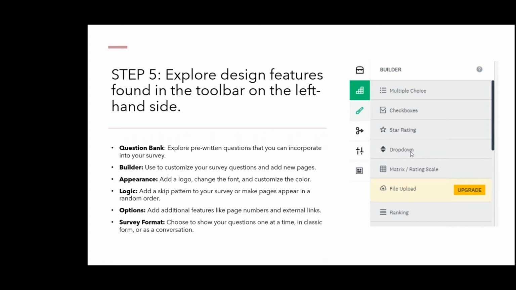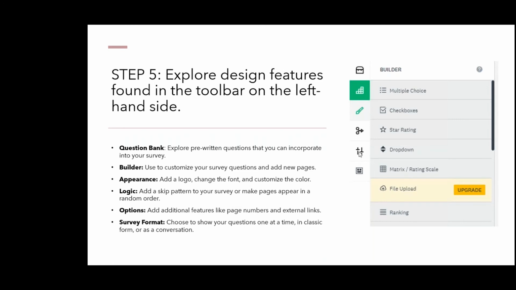That would be how you would add that to your survey. You can also add features like making questions or pages come up randomly to see if that helps change the response rate and the completion rate of your survey.